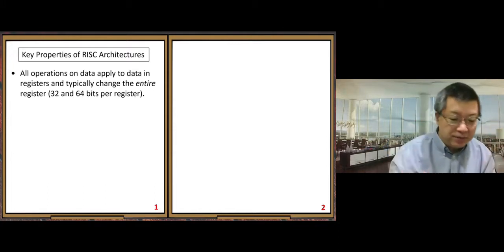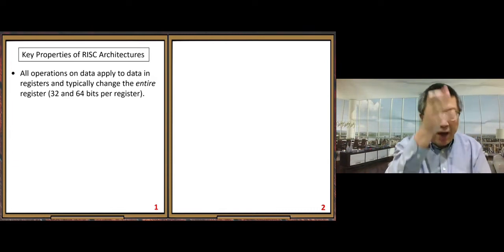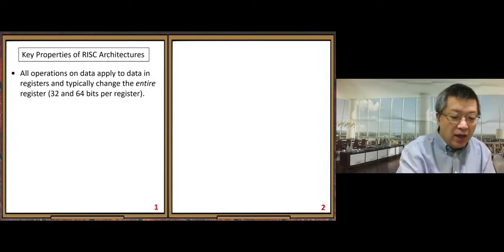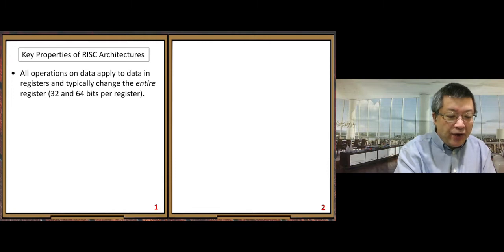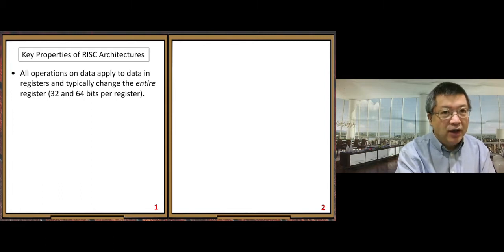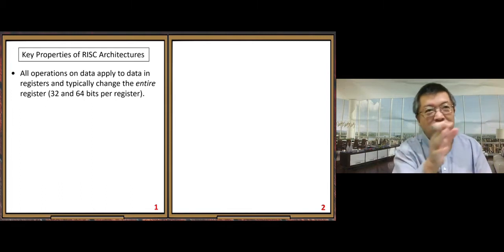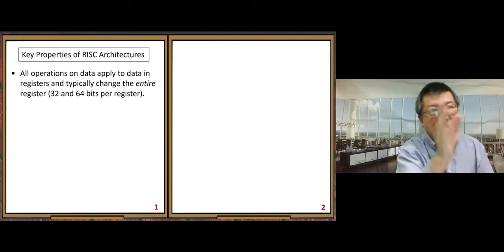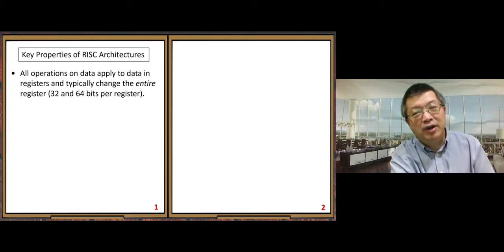Let me explain the second half of the sentence. 32 to 64, change entire register. So not half, right? You remember half, sometimes when we talk about floating point.